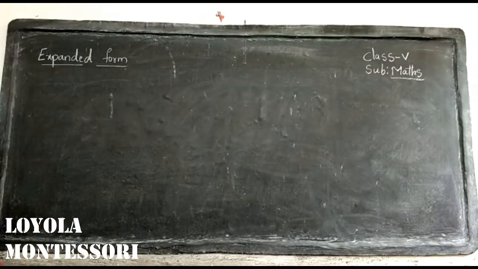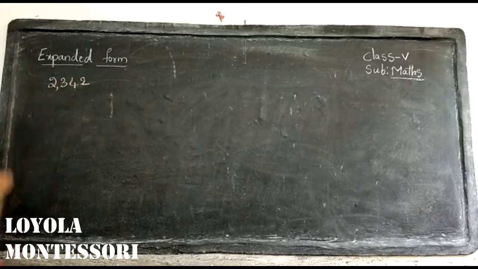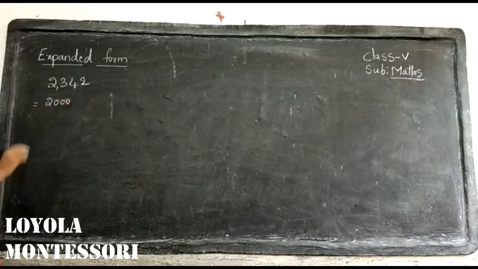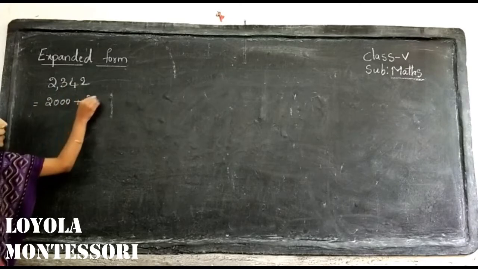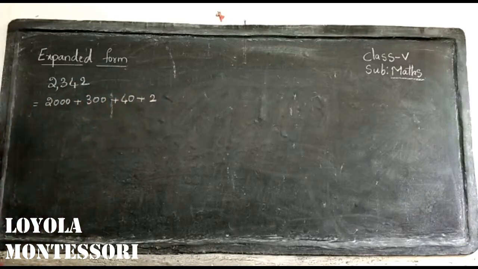Expanded form is nothing but the sum of the place values of all the digits. See, this is the number 2342. While writing the expanded form of a number, 2 is in thousands place. So 2000 plus 300 plus 40 plus 2. So this is the expanded form.